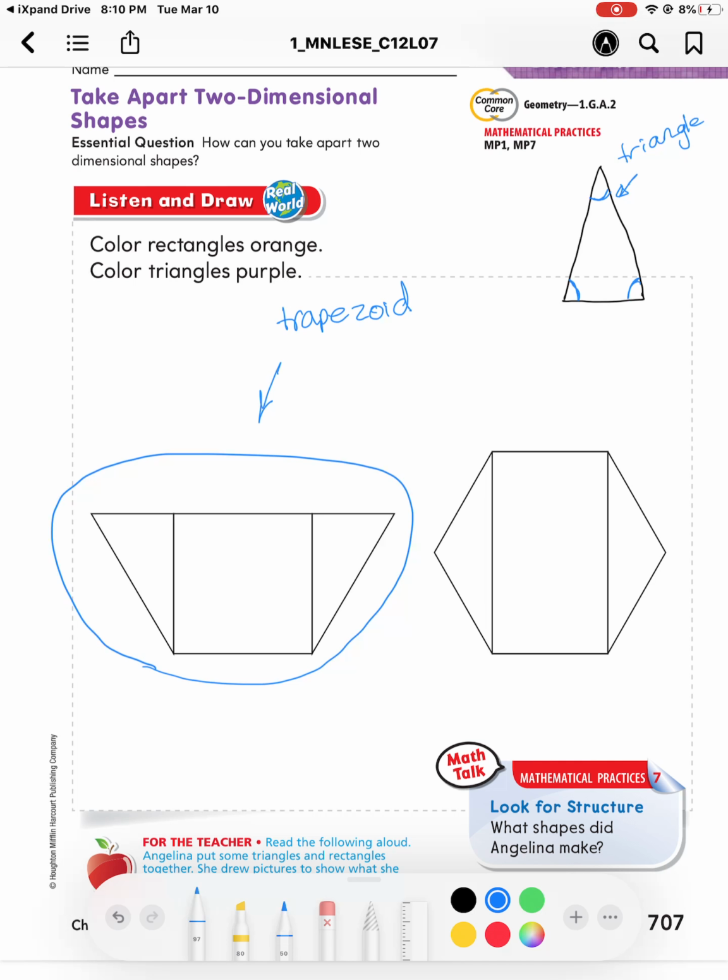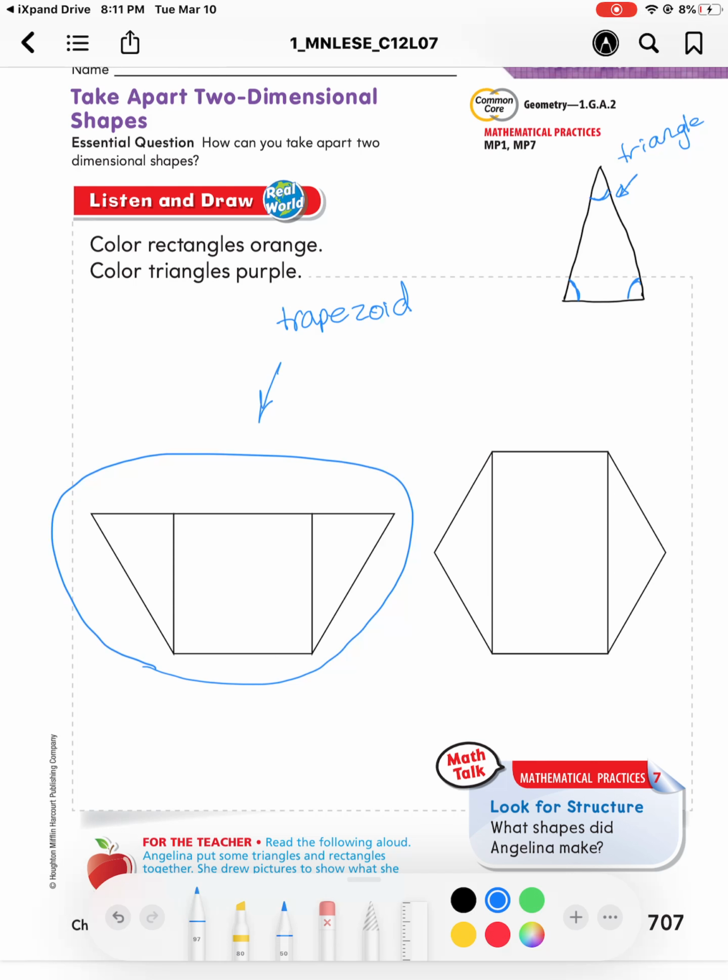And as we know before, a trapezoid has four sides. Now, Angelina used two different two-dimensional shapes in order to create this trapezoid. She used rectangles and triangles. Now it's time to identify which shape is a triangle and which shape is a rectangle.